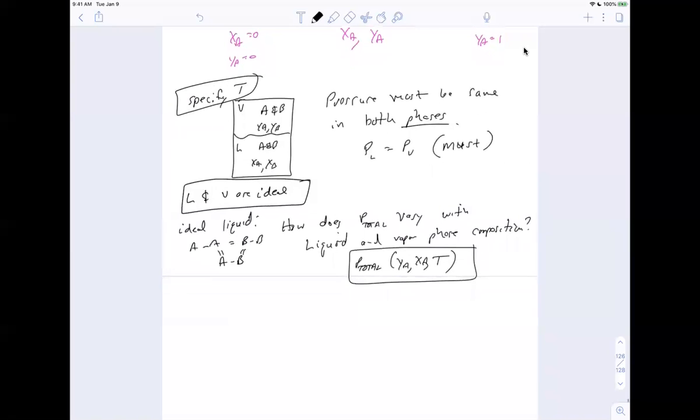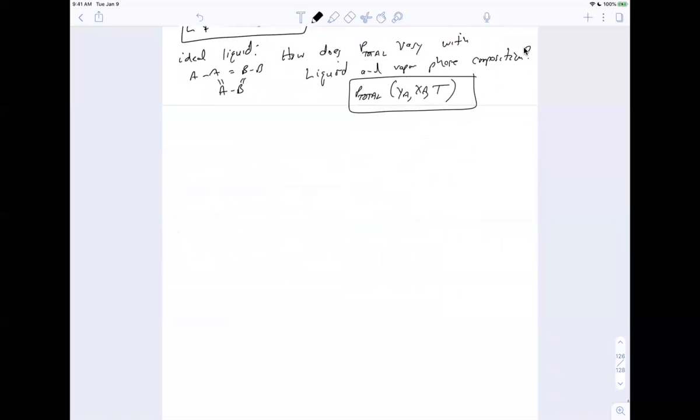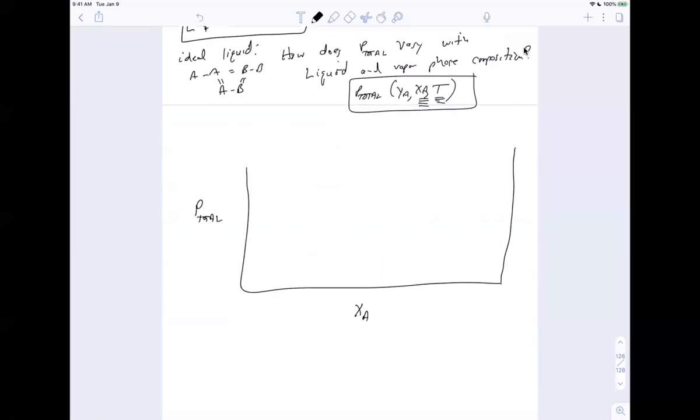Okay, so given that we have an ideal liquid and an ideal vapor, we saw that the total pressure, and I'm not going to go through the derivation, I posted the notes, but the total pressure as a function of XA, which is the liquid phase composition. We've taken care of temperature because we specified it. And so last class we said, all right, now we know how the total pressure varies with the liquid composition.